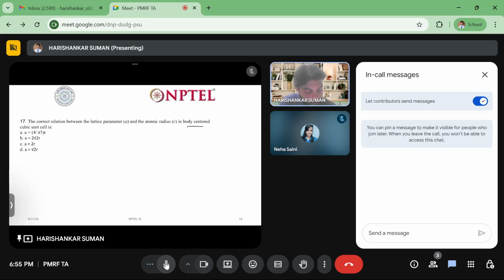Any answer? So let's try to solve the correct relation between the lattice parameter and the atomic radius.